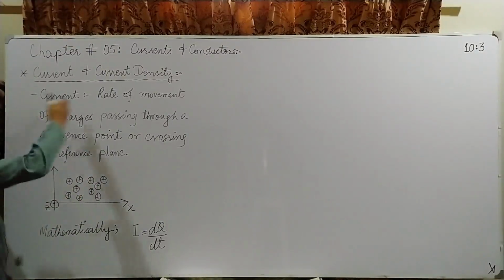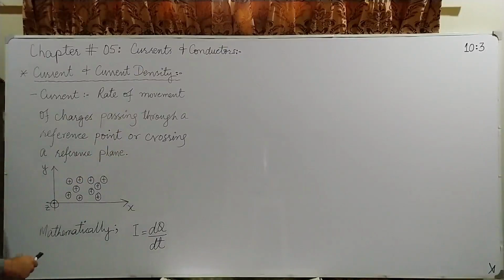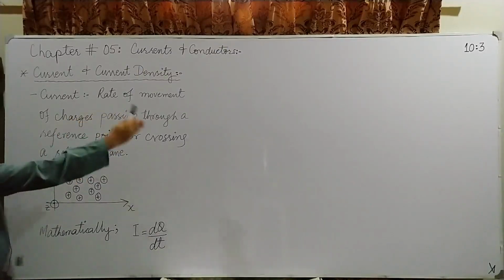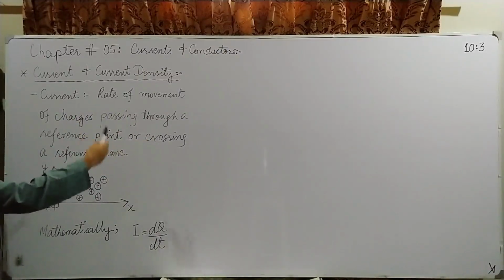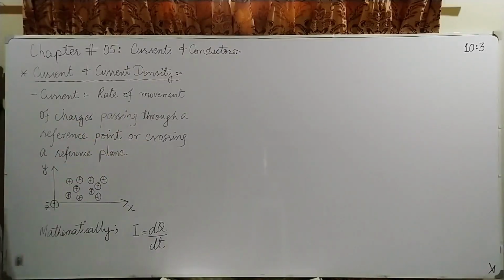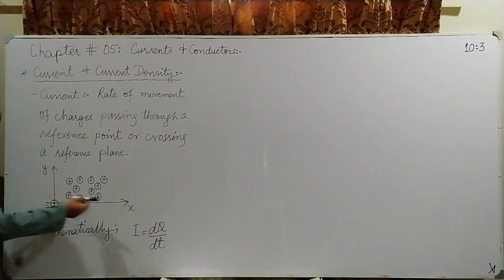This is a true definition, no doubt. So rate of movement is something in which we try to think about the current. So it is not necessary that charges are moving in order to constitute a current, and this is something which we will see shortly.